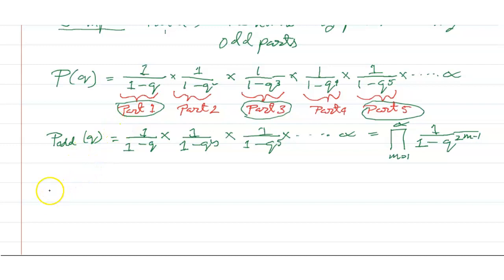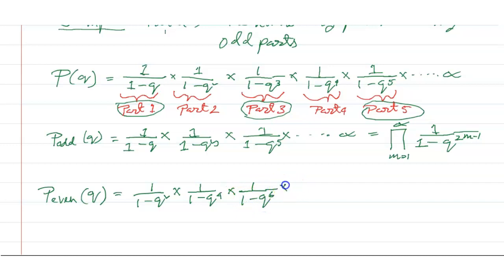So friends, P even Q can be written this way: 1 by 1 minus q square, into 1 minus q to the power 4, into 1 minus q to the power 6, up to infinity.